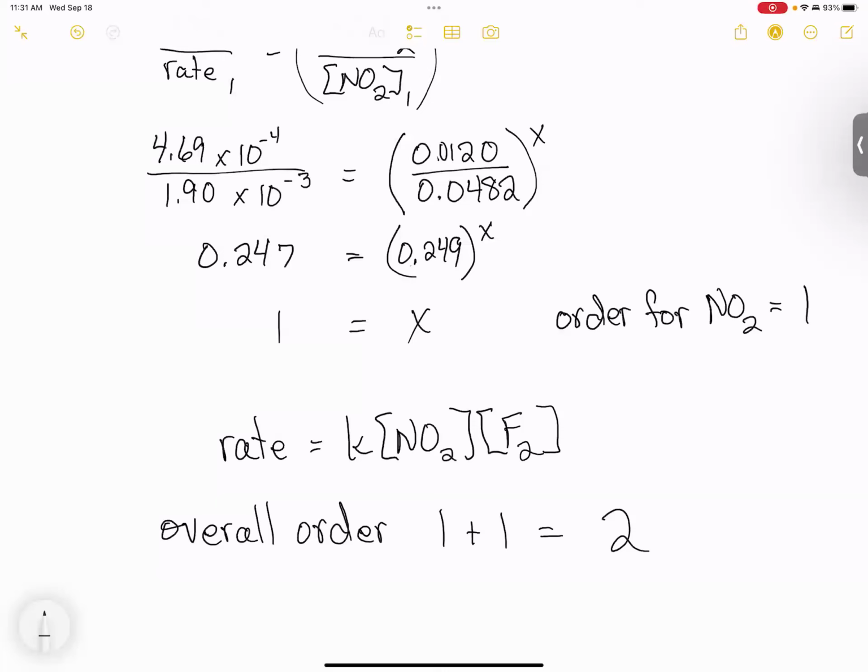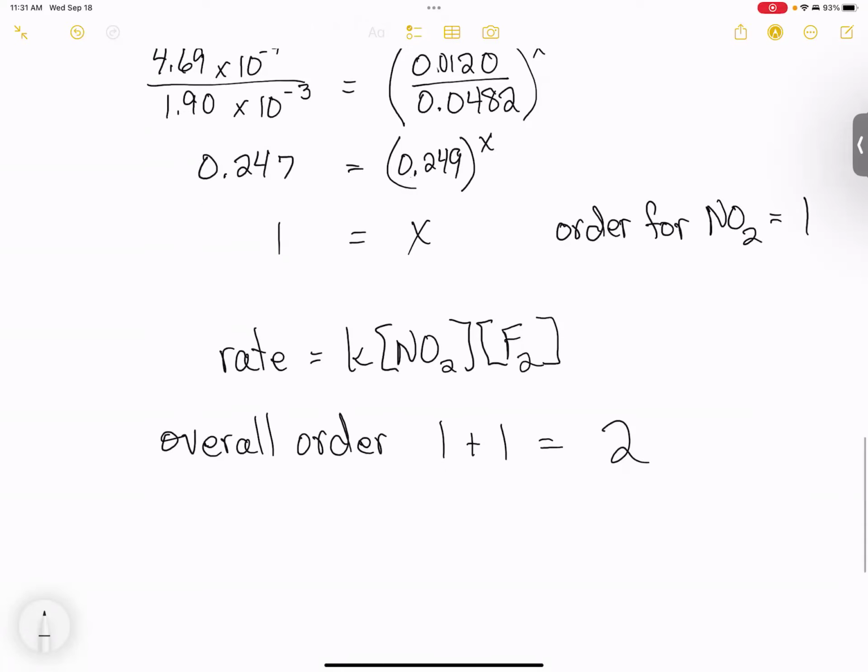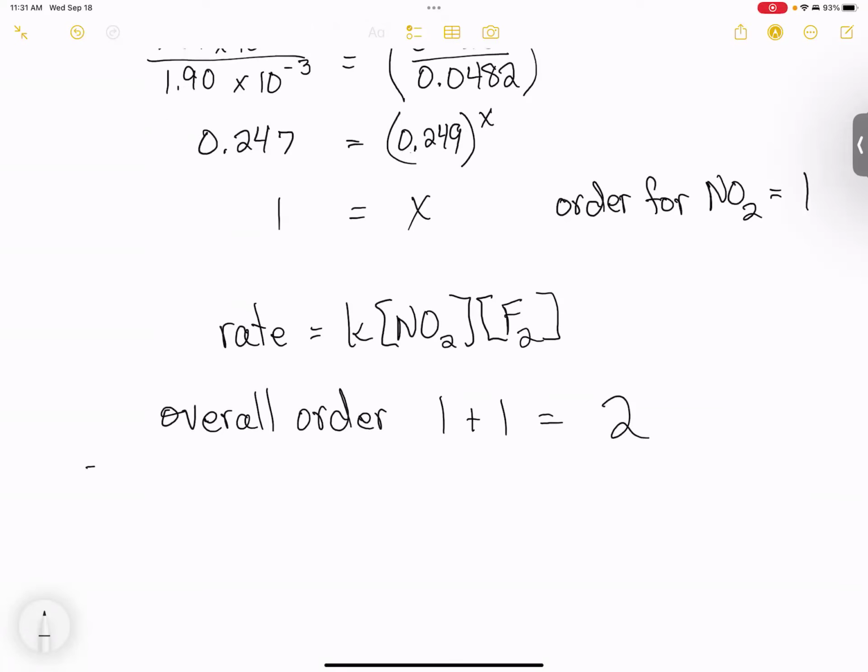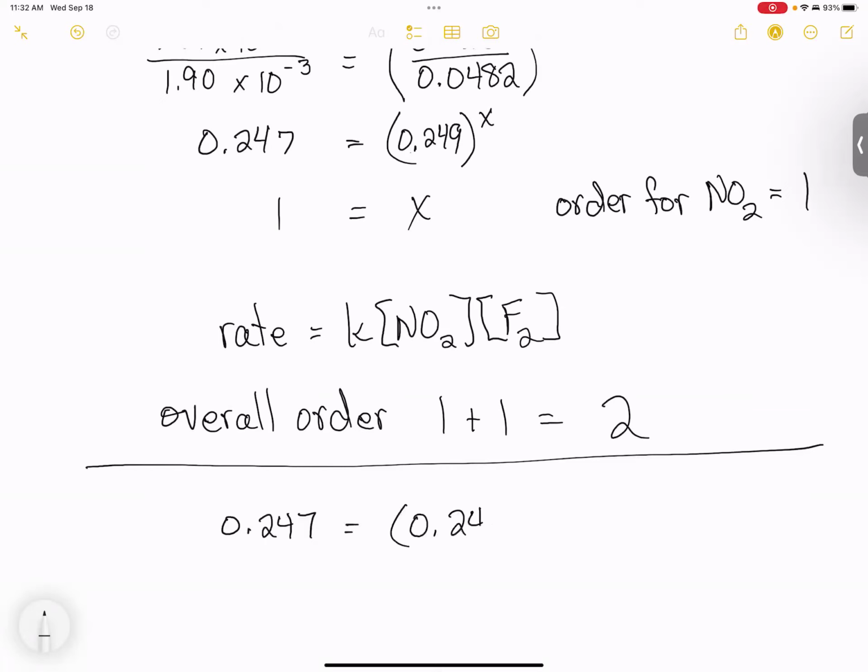Whenever you have the 0.247 to the 0.249, how do you get to the 1? Okay, so let me do a little bit of algebra on this, because it's not always going to come out pretty.